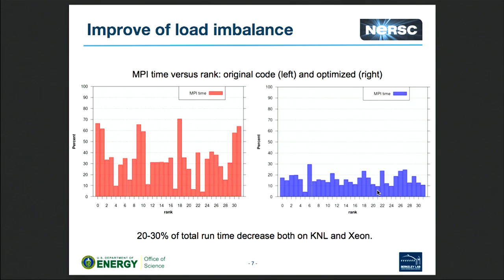Chombo is a very broad library, and it has a few types of load balancers, and each load balancer works better for certain situations. I played with this, and I found that it's possible to reduce MPI time. We got about 20 to 30% runtime reduction on both Knights Landing and Xeon.